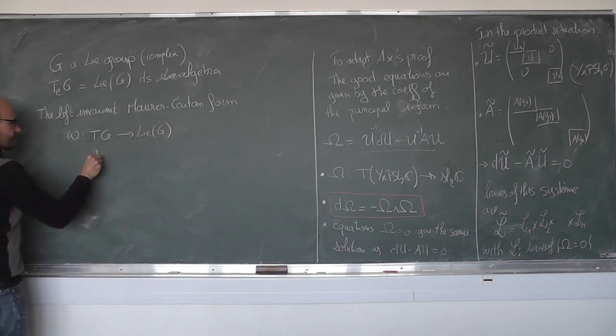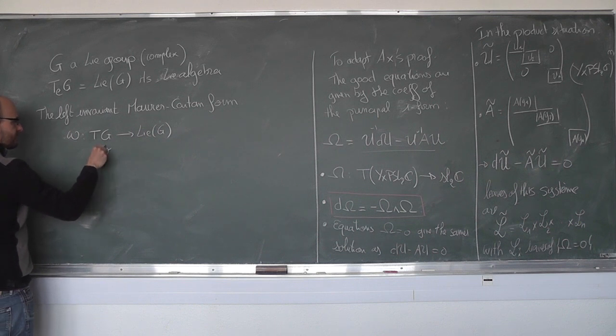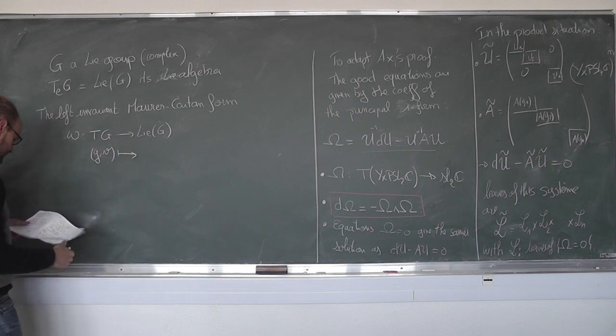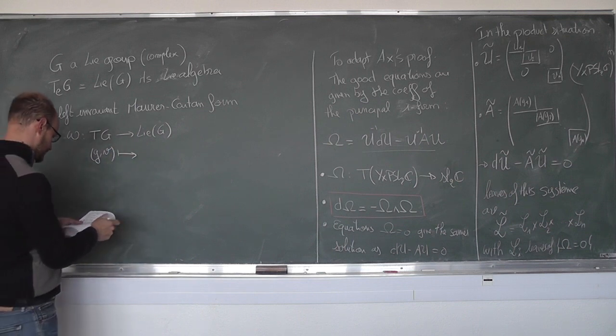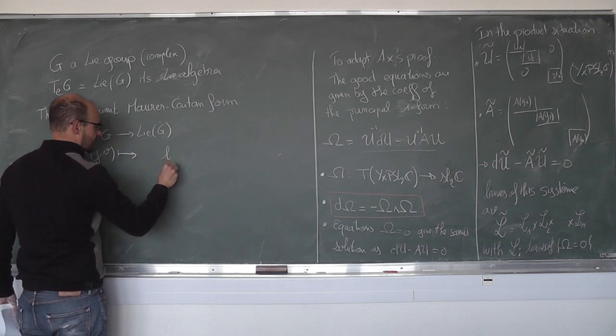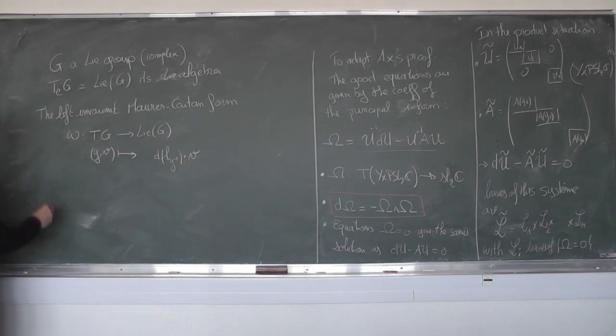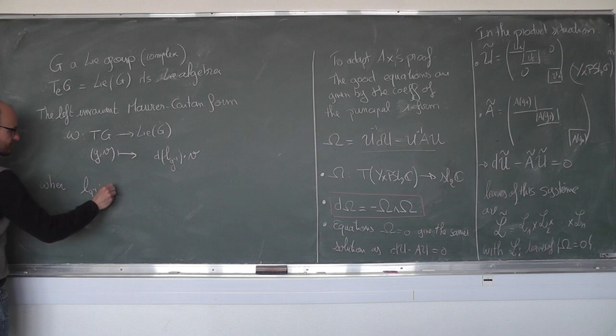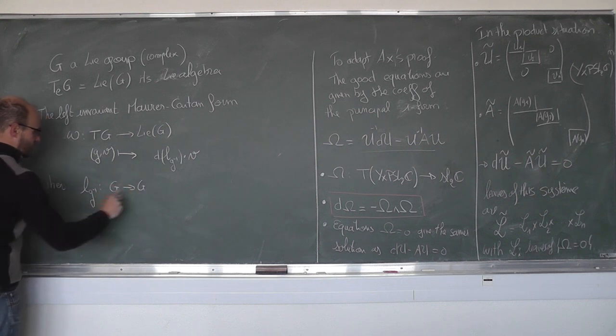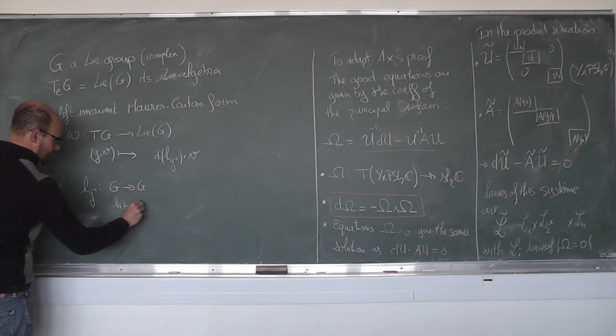You take a point g in G, a vector v which is tangent at this point, and you send it to the left by g minus 1, using the differential of this map L_{g^{-1}}, and you apply it to v, where L_{g^{-1}} is a map from G to G, which is called left translation by g minus 1.